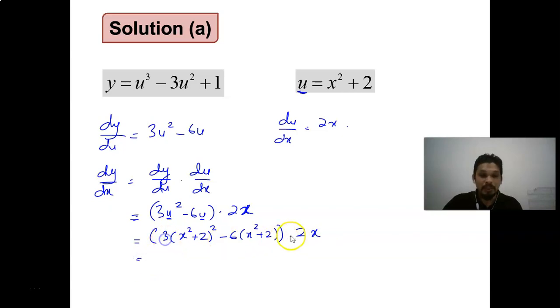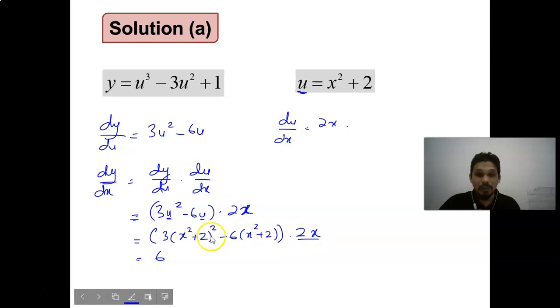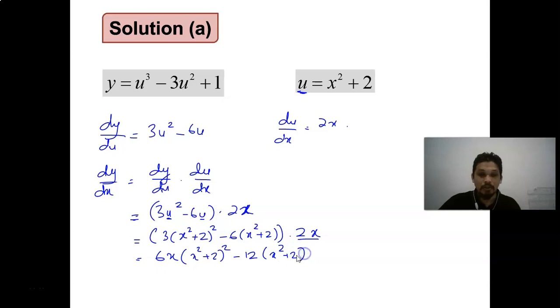Okay, so I'm going to multiply 2x with every single term that we have. 2x times 3 equals 6x, and here is (x squared plus 2) squared, and minus 12x times (x squared plus 2).